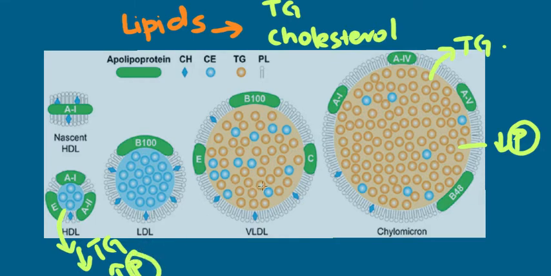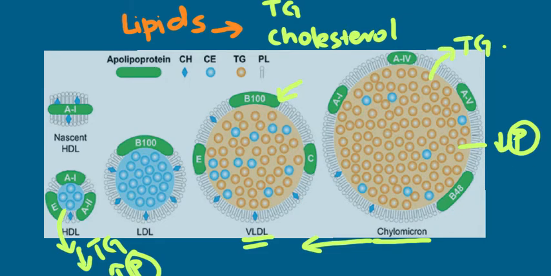ठीक हो गया? Now, as you go from chylomicron towards the VLDL, you can see कि भाई very low density lipoproteins. ठीक हो गया? Lipoproteins or lipids, which are divided into 2, triglyceride and cholesterol. ठीक हो गया? So they have this green structure. This is basically apolipoprotein.